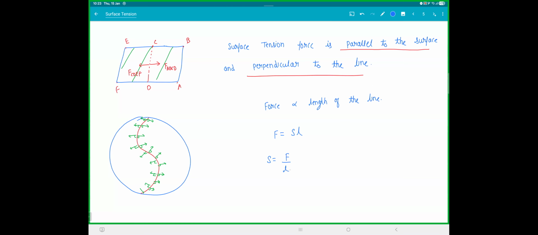S is the surface tension, which is force per unit length. S depends on the nature of the material and temperature.